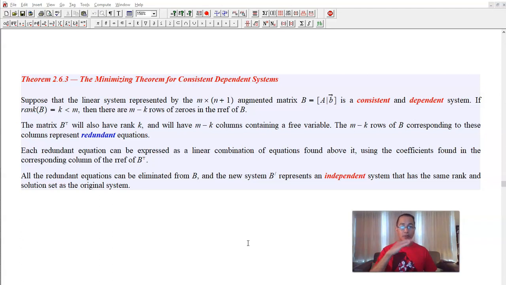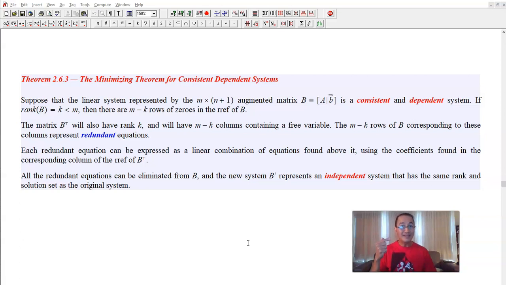Remember that a row turns into a column, so if you have only k leading ones in the REF of the transpose, that means you have m minus k free variables. Each of these columns containing a free variable corresponds to a row of the original matrix.